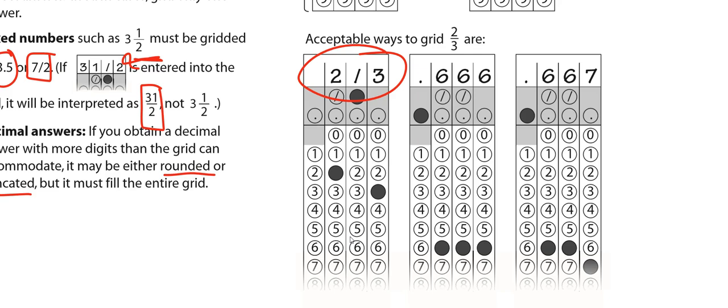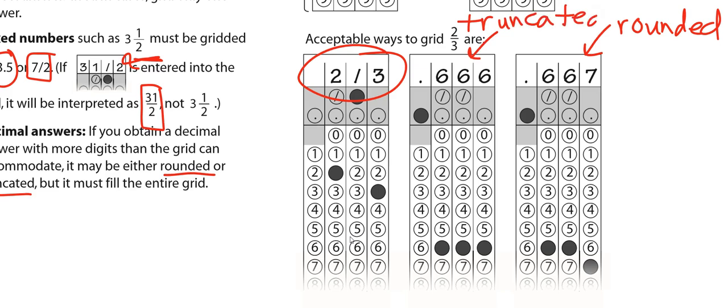If you decide to write its decimal form, you must write one of these two forms. Now, obviously, this is the rounded version. But this one right here is what they call truncated. Truncated just means they chop off the rest of the decimal and throw it away. It does not follow the conventional rounding rules.